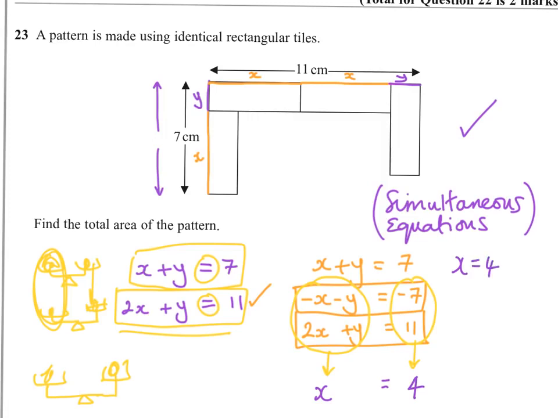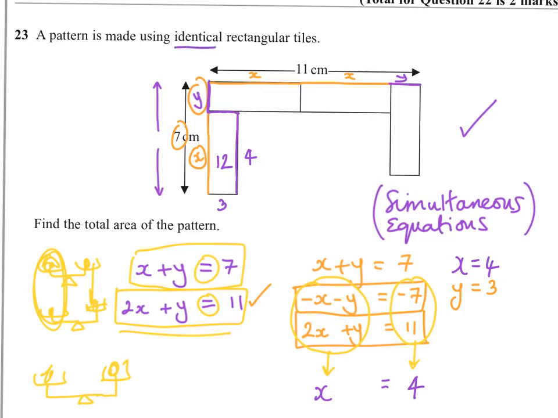Well, that's easy now to find y, because we can just use this diagram here. If this is 4, then y has to be 3, because together they make 7. So y is 3. Now we can find the area of the pattern in total. Because if this measures 4 by 3, because this length here is going to be the same as this one here, then this is 12.